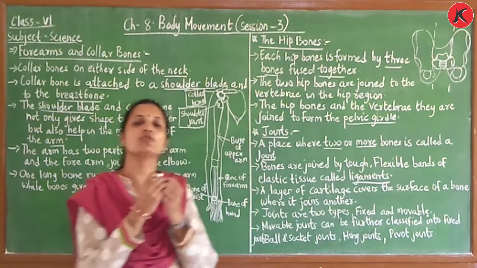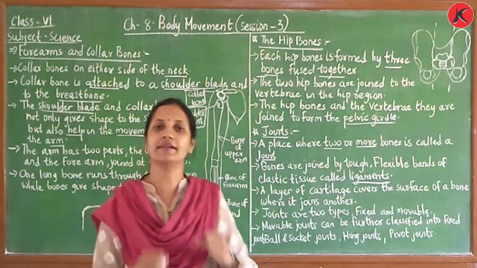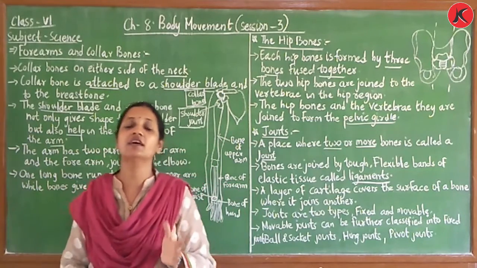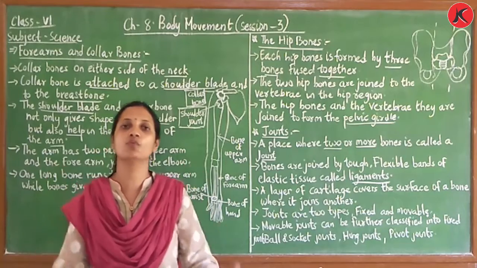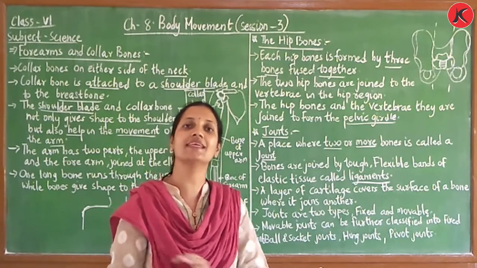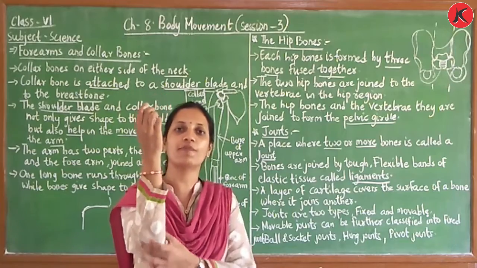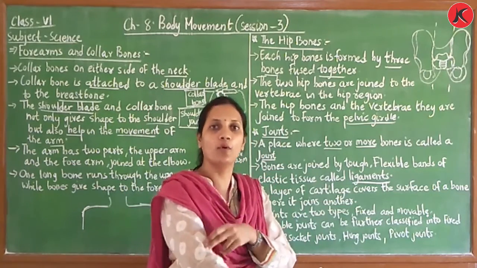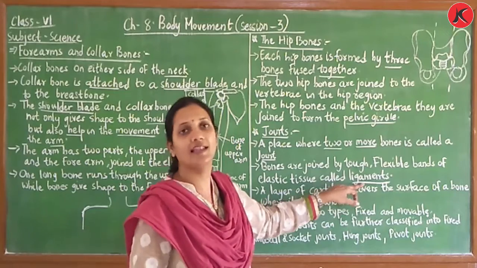Bones are hard, children. If ligaments were not there, it would be very hard to move the body parts, but we can move them very easily. That is because of the presence of an elastic-like structure between the bones, called ligaments.